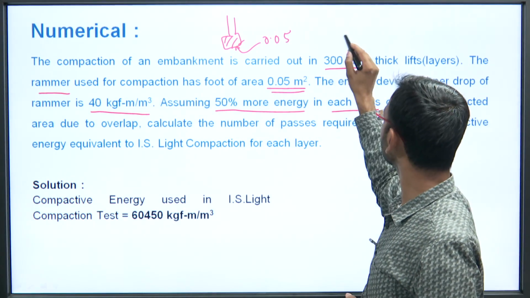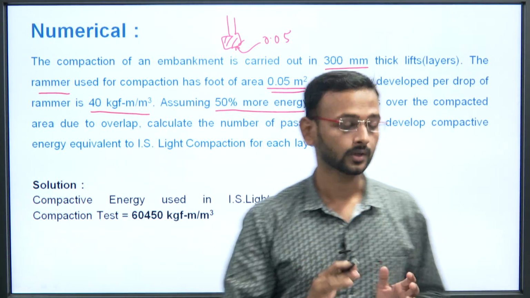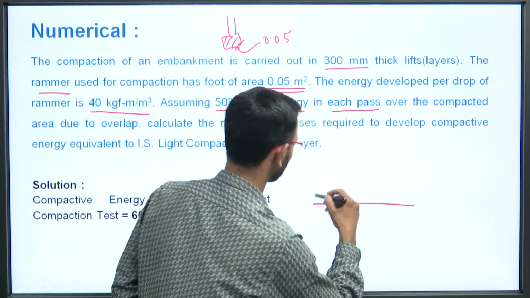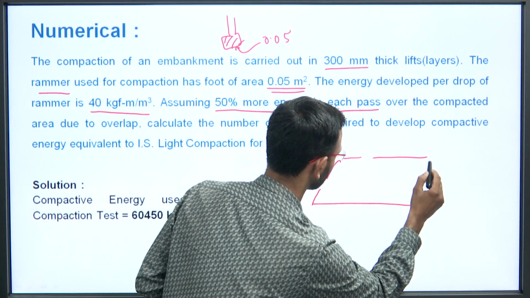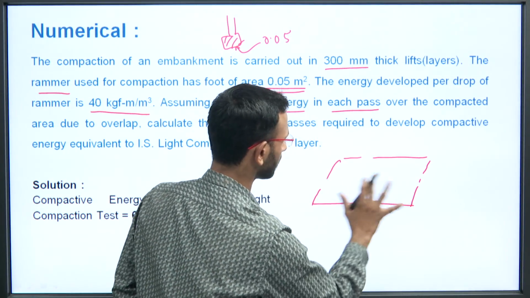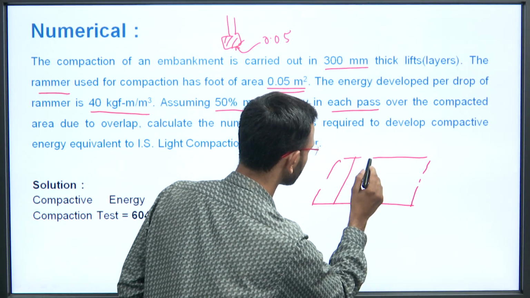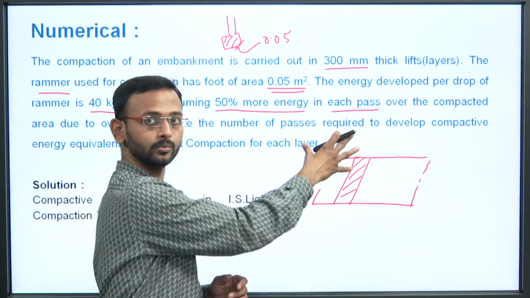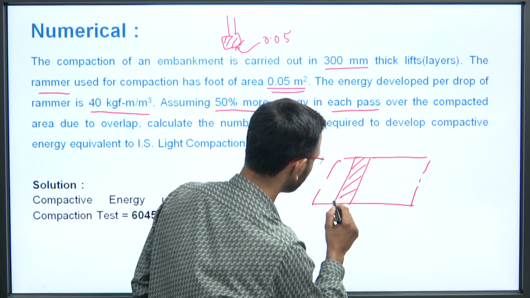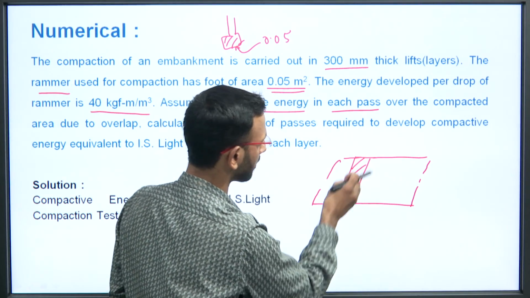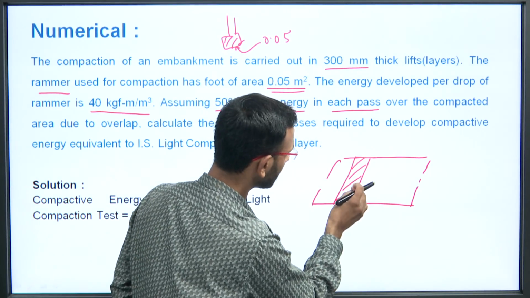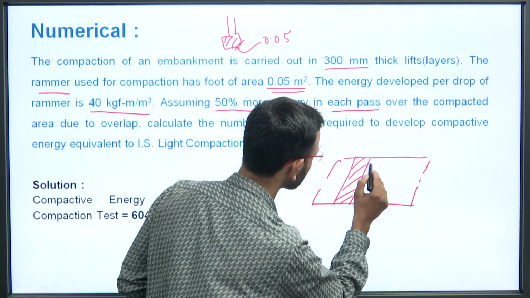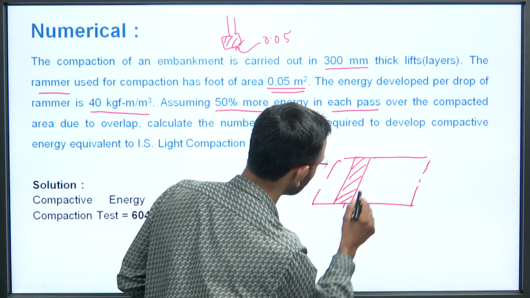Now see here, let us say in the figure, this is the sand or the soil, and the rammer is being applied in this portion. In the next pass, this 50% area is also covered.